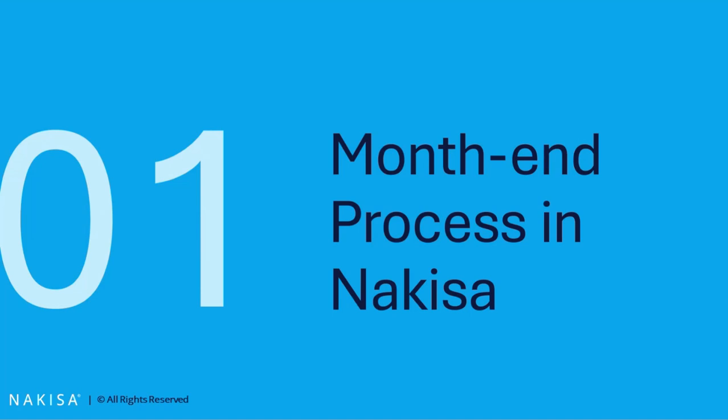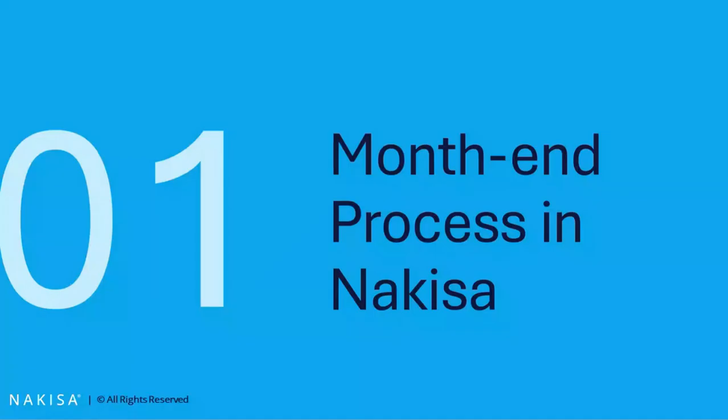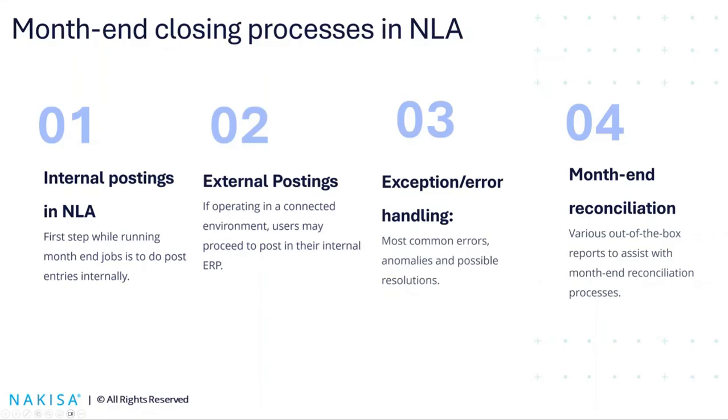Thank you. So I will just go ahead and share my screen. Perfect. So we're going to start off with a high-level overview of the month-end process in Nakisa. The month-end process can be split into 4 different steps.